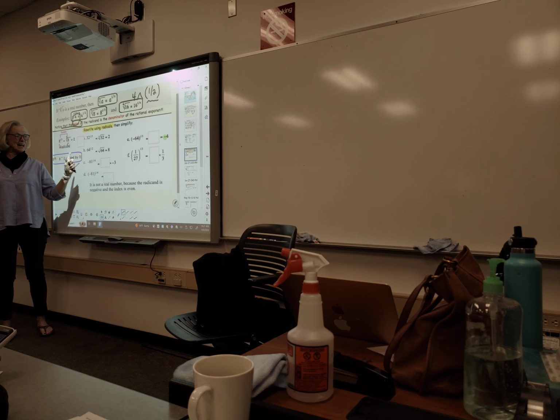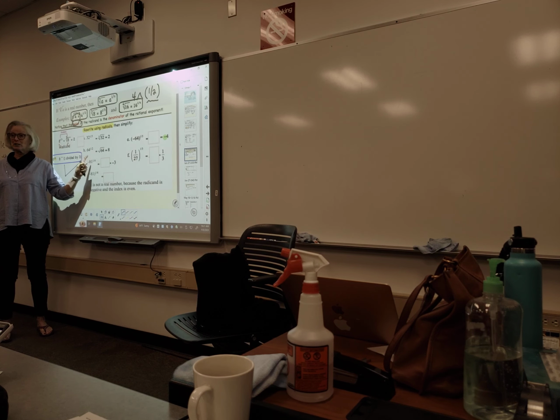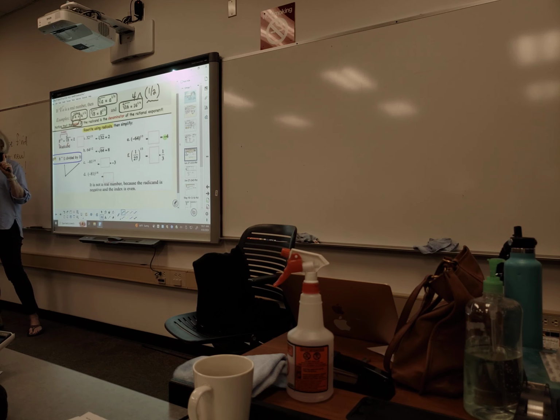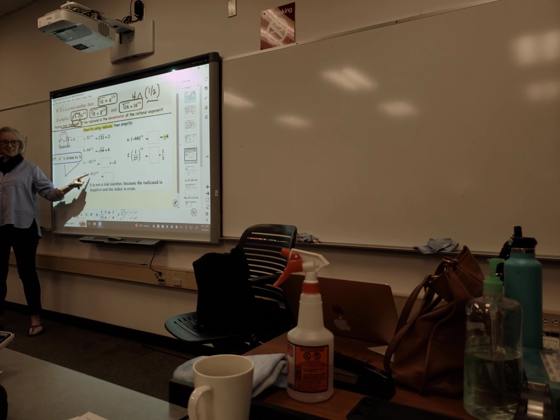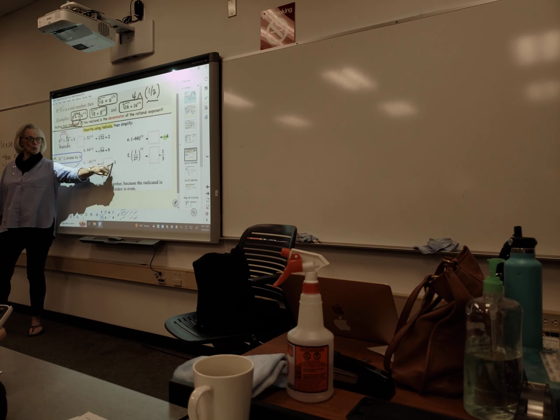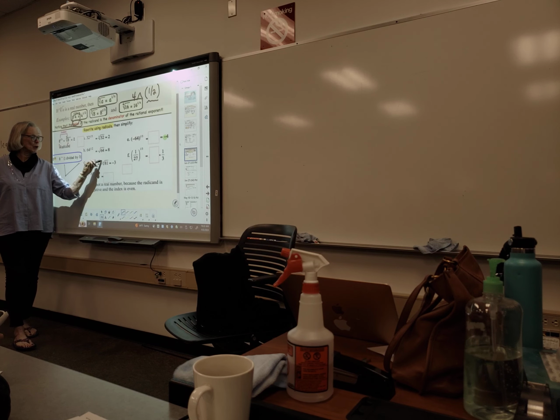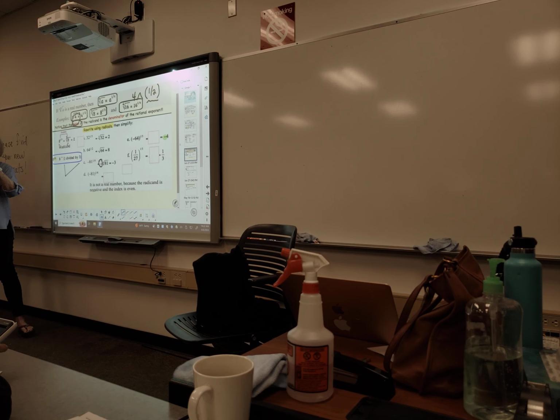This says not negative 81 to the 1/4 power. This says opposite of 81 to the 1/4 power. Look, this guy is negative 81 to the 1/4 power. See the difference? When there's no parenthesis around the negative and the number, when you write it in radical form, the negative goes outside.